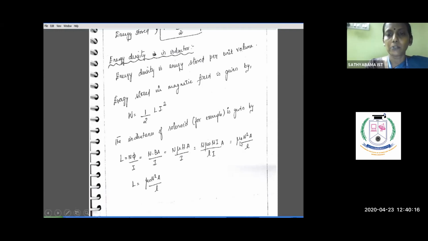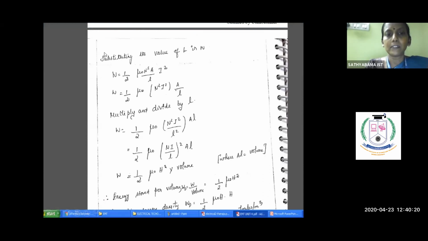Now once again substitute this L equation in the energy, and we end up with half mu naught N square I square A by l. So I am trying to multiply and divide by l. When you multiply and divide by l, this becomes A into l by l square.